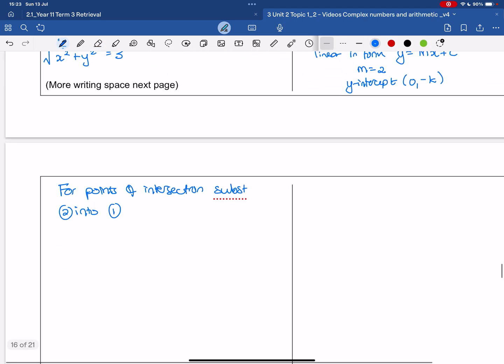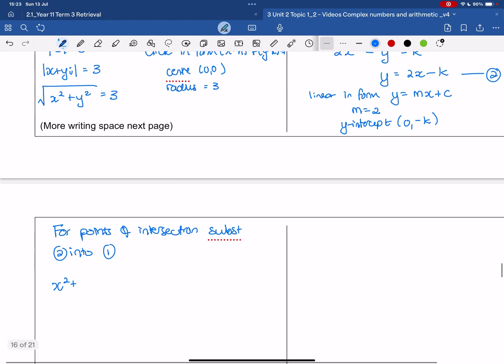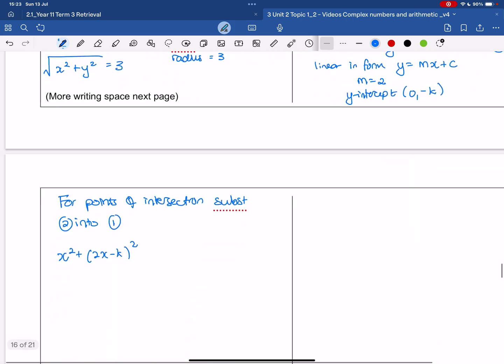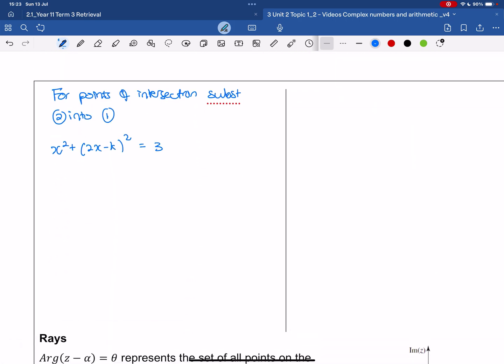We've got x squared plus, now y is 2x minus k, squared, is equal to 3 squared. And so I've got x squared plus 4x squared minus 4xk plus k squared is equal to 9. And I'm going to bring it over so that I've got 5x squared minus 4xk plus k squared minus 9 equals 0.